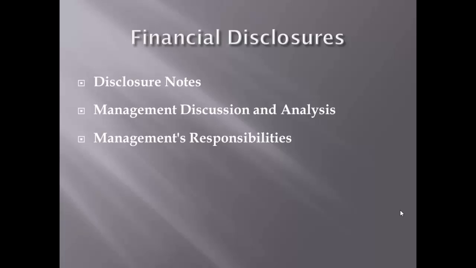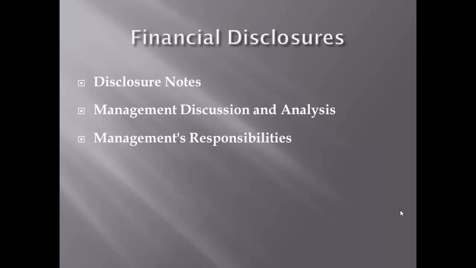There is also the management's responsibility section, and in this section there is an assertion by management of their responsibility for the information contained in the financial statements. It also includes an assessment of the company's internal control systems.